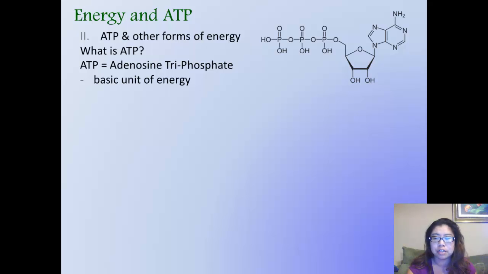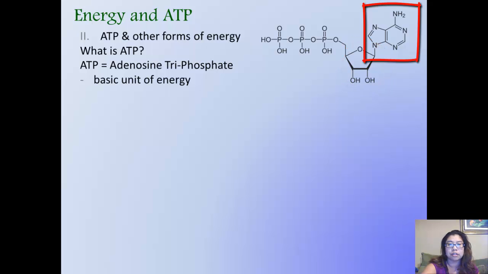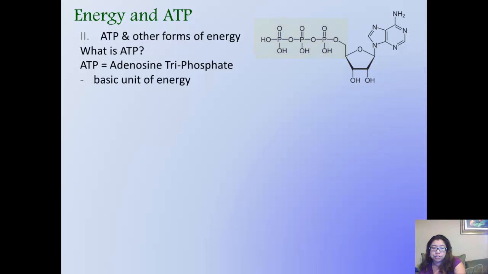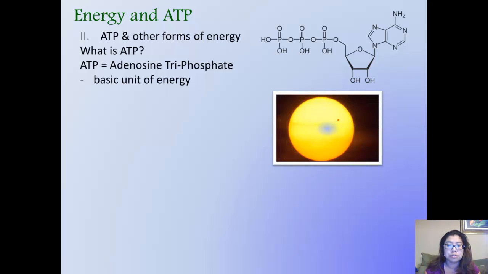They have adenosine, which is the 5-carbon ring unit attached to the nitrogen unit over here. And then they have, as you can tell, 1, 2, 3 phosphate bonds, and that's a basic unit of energy. It's very important because it's highly efficient, and we're going to go into that in the unit when we talk about how we use ATP in cellular respiration.